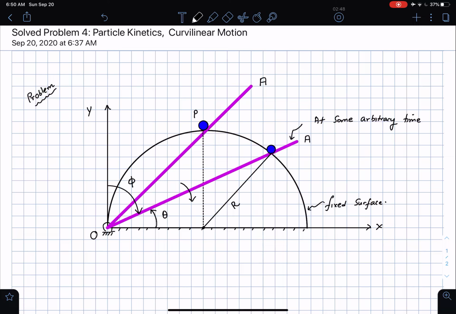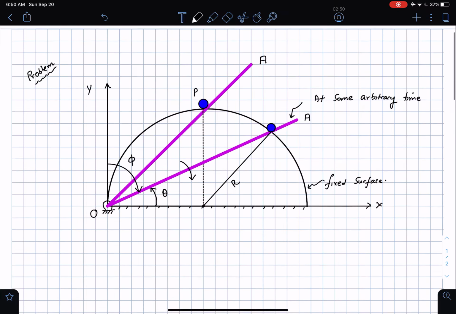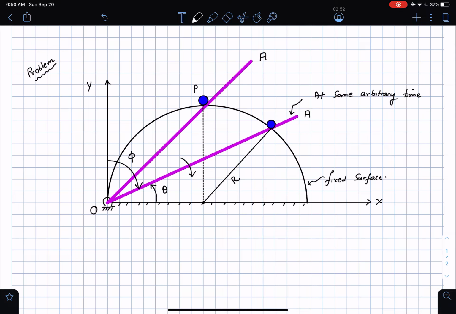So what are the things that we are supposed to be doing here? First of all, here is a particle P at some arbitrary point in time. This is the initial position of the rod OA, and this is at some arbitrary point in time. Let me scoot this down a little more.